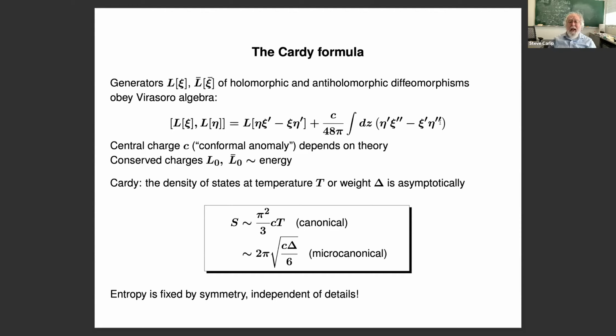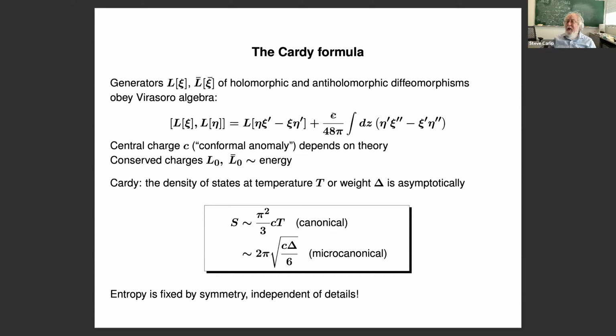You can check that this gives you a consistent algebra, that is, that it obeys the Jacobi identities, and it can be shown that this is essentially the only deformation of the diffeomorphism algebra for one dimension that gives you a good closed algebra. The constant C is called the central charge.